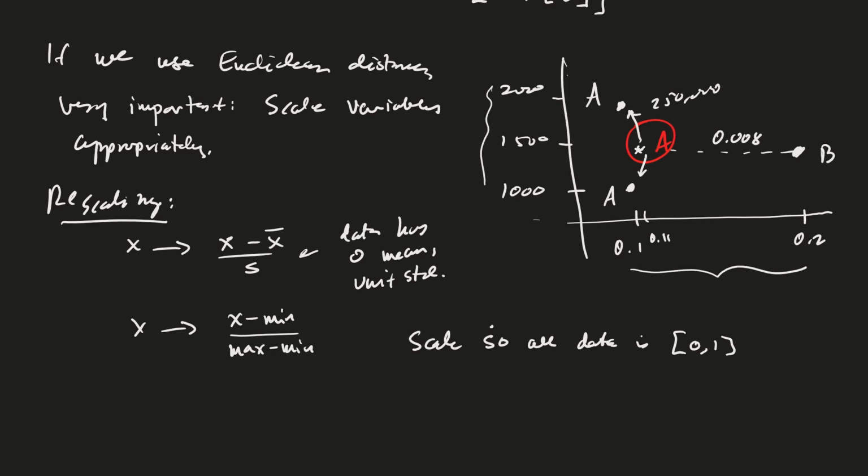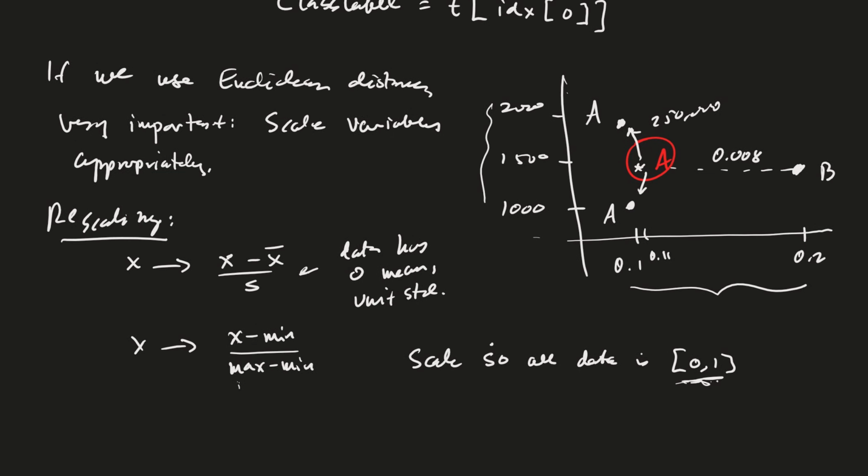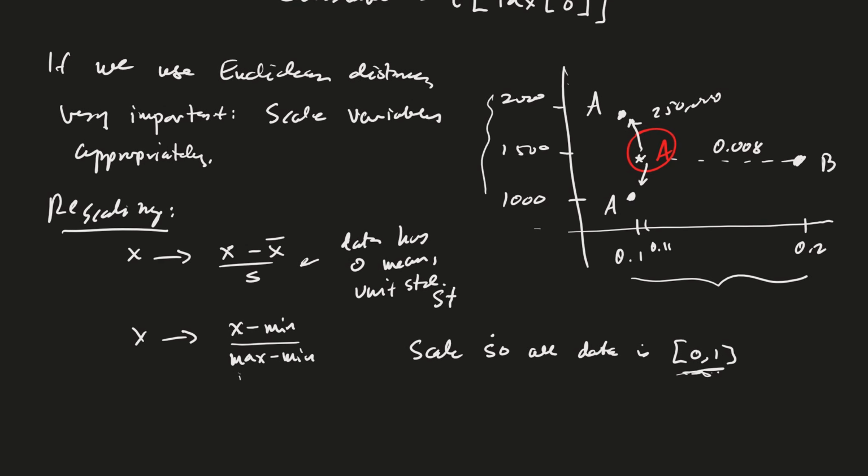So notice what I'm doing here. If x was actually the minimum value of my data, then I'd have 0 in my numerator, and so the minimum value would map to 0. And then if x is equal to the max, I'd be dividing by 1. And so the max would map to 1. And so all the other data would map in between. Okay, so that puts all your data between 0 and 1.